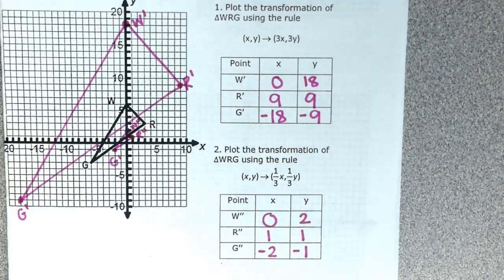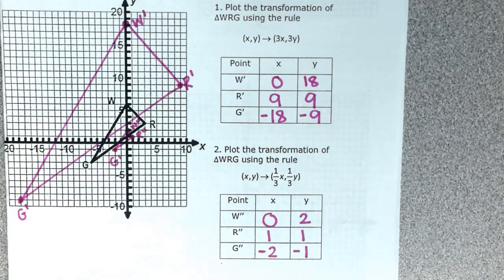Is it still similar to my original triangle? Yeah. Okay? If you multiply both the x and the y by the same number, you create similar triangles. If you move x and y by adding or subtracting or putting a negative, it's congruent. Because I didn't make it bigger. I didn't multiply by anything. Right?